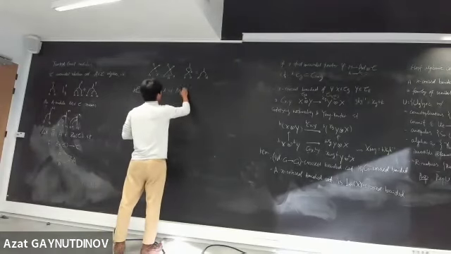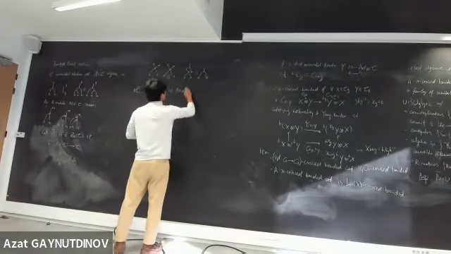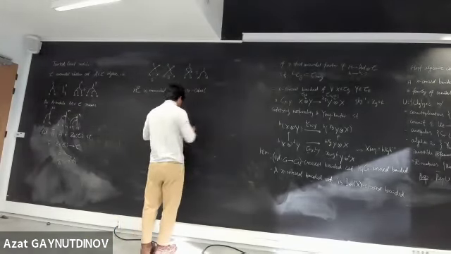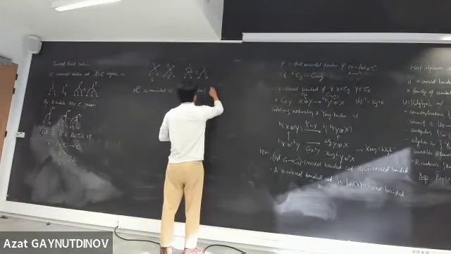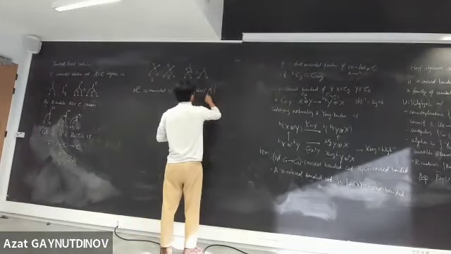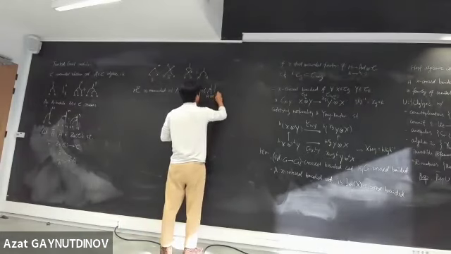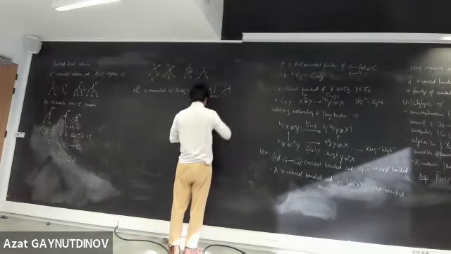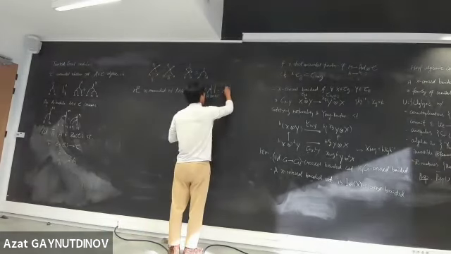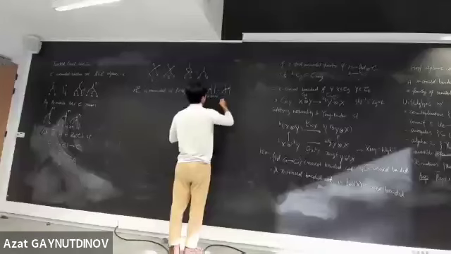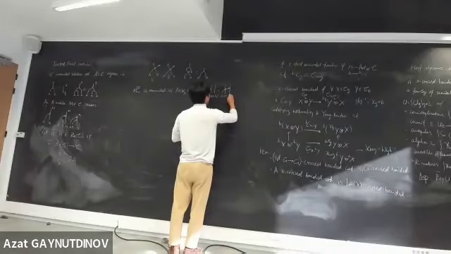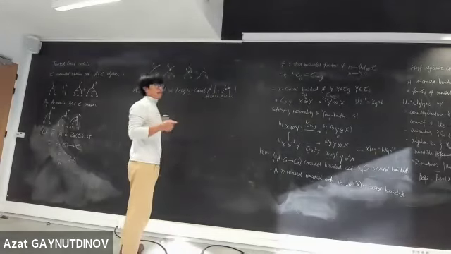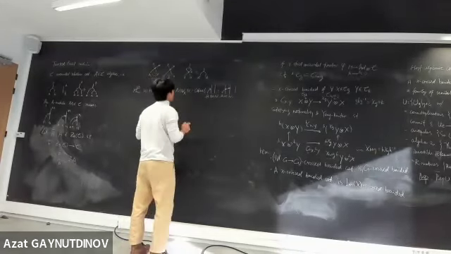So we define M tensor N as the cokernel of, again, a diagram in C. Right, we use A bar to define the monoidal structure, not using A tilde.